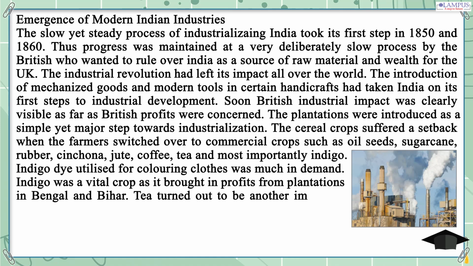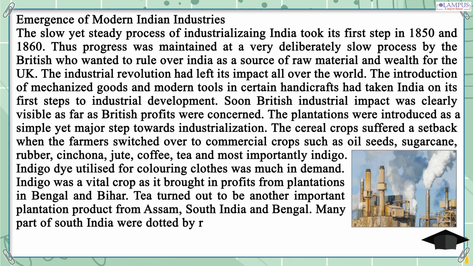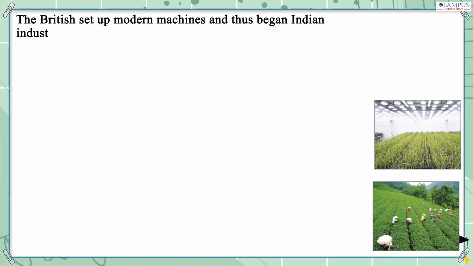Tea turned out to be another important plantation product from Assam, South India and Bengal. Many parts of South India were dotted by rubber, cinchona and coffee plantations. The British set up modern machines and thus began Indian industrialization.